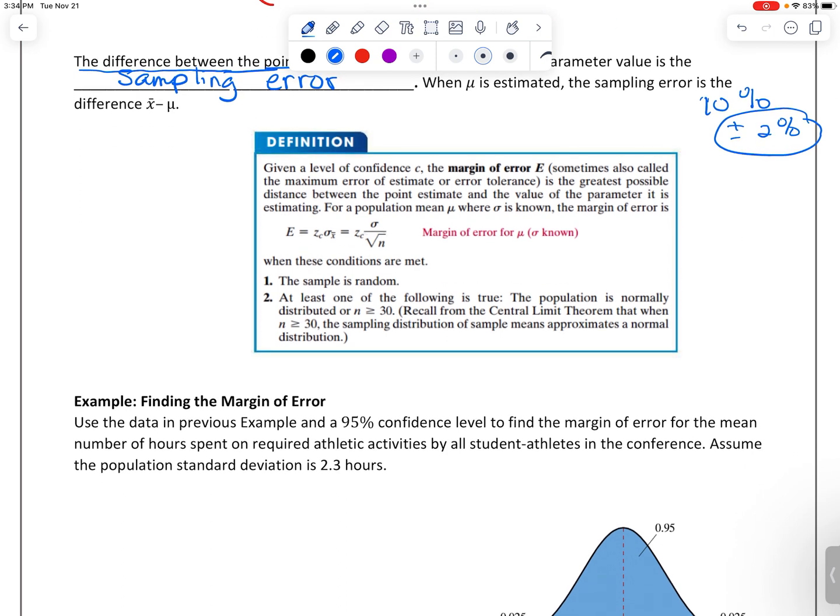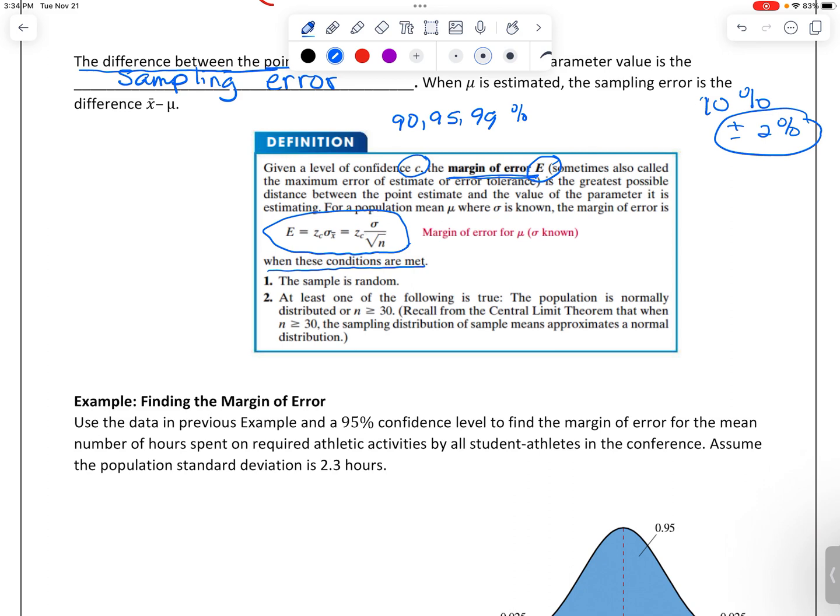All right. So given a level of confidence, C, and remember that's going to be either the 90, the 95, or the 99%, the margin of error, or your sampling error, is labeled as E. To find your E, this is the formula that you're going to use. We can only use this under certain conditions.